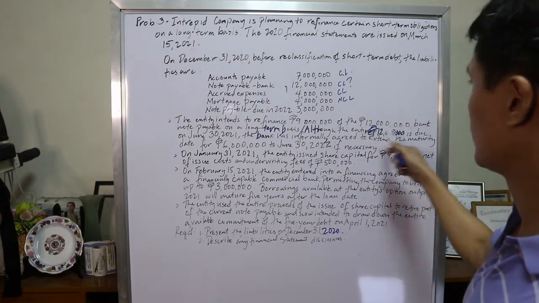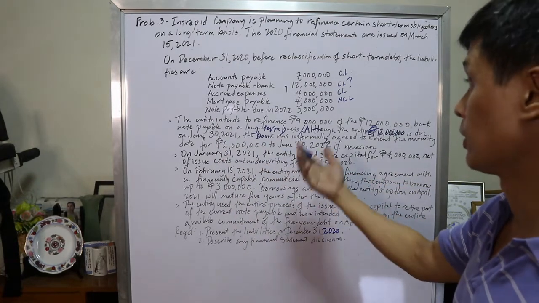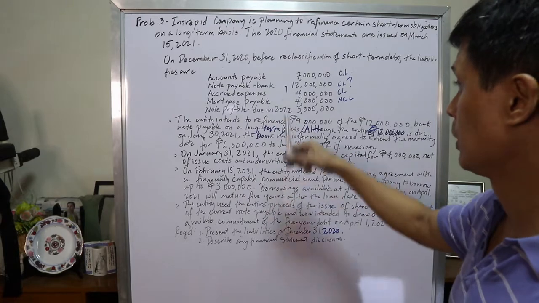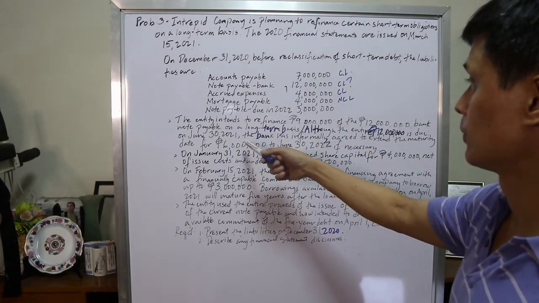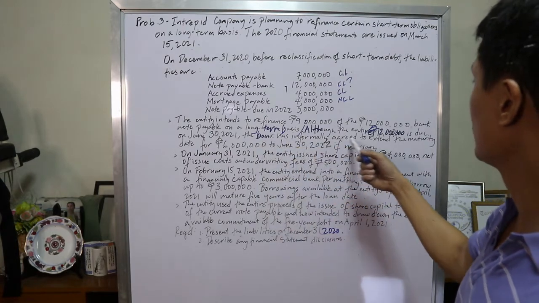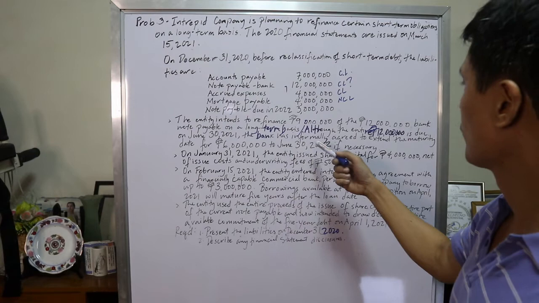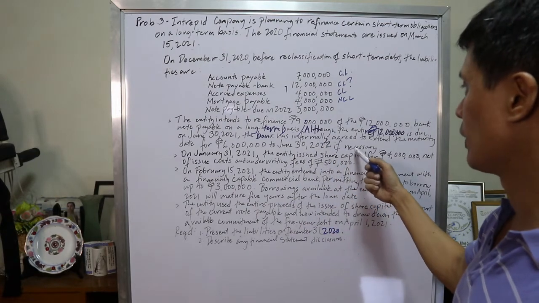So although the entire 12 million is due on June 30, 2021, which is actually short term, the bank has informally agreed to extend the maturity date for 6 million to June 30, 2022 if necessary.